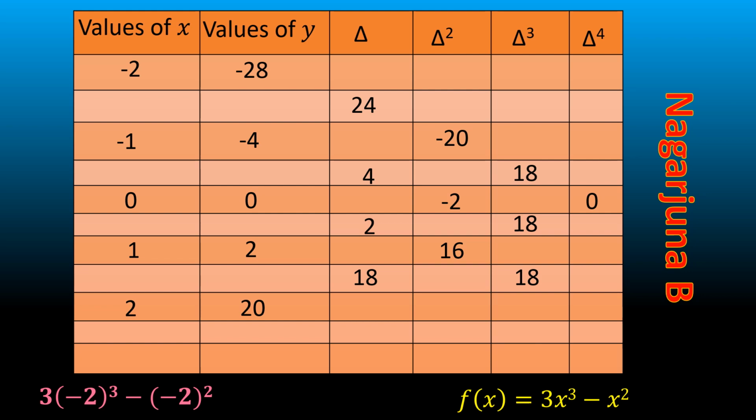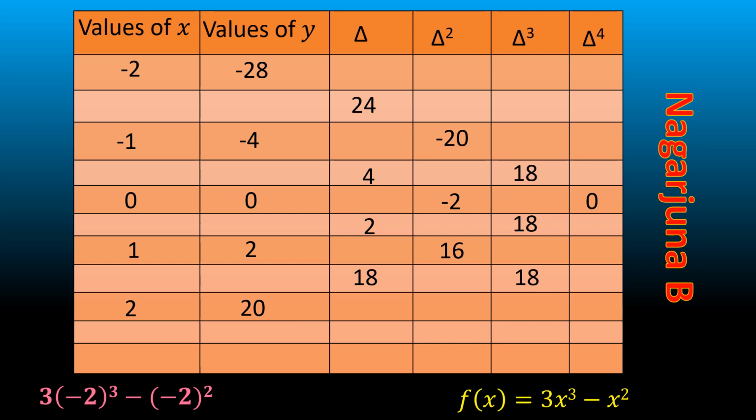Next, you can observe we have got the first 18 in the delta cube column by taking minus 2 minus of minus 20, right? Whereas the second 18 in the delta cube column we have got from 16 minus of minus 2. That means the difference of delta square values.